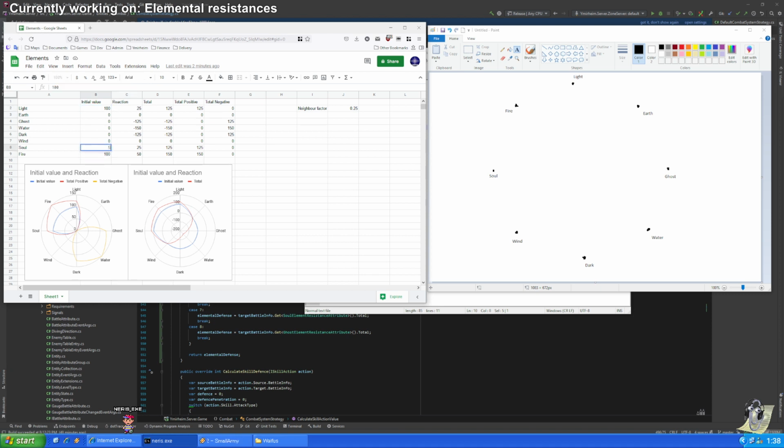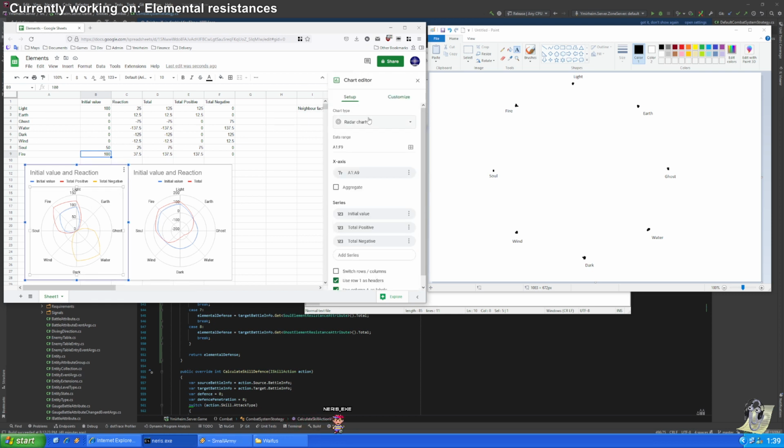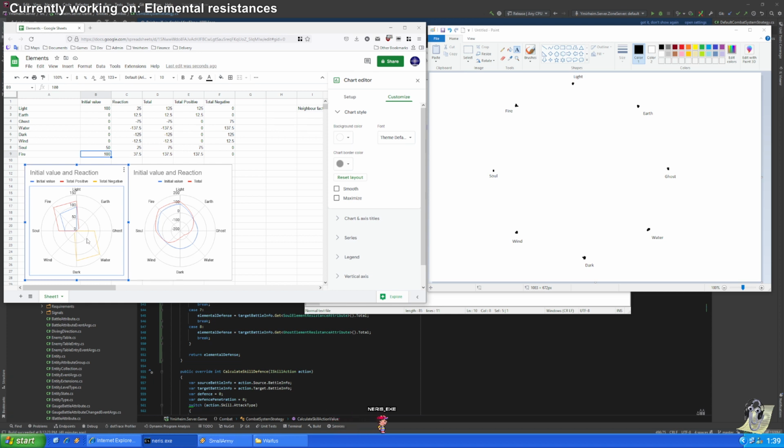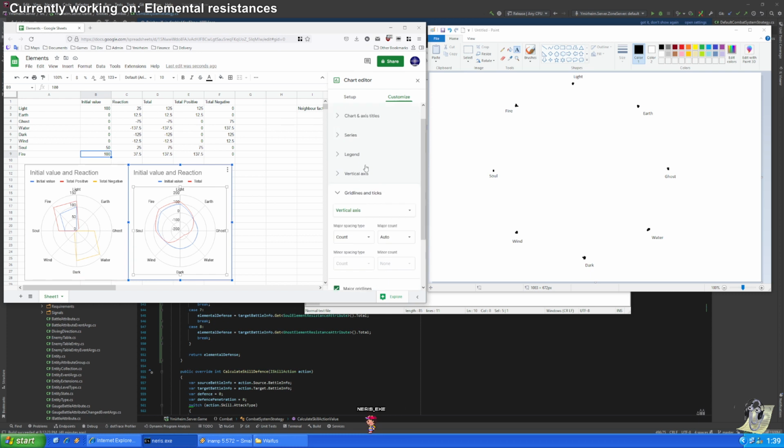So if I set this one to 50, it's hard to see. Let me remove the smoothing. Where is it? Chart style, smooth. Yeah, it's like 25. And let's remove the smoothing. Here it's only making me confused.